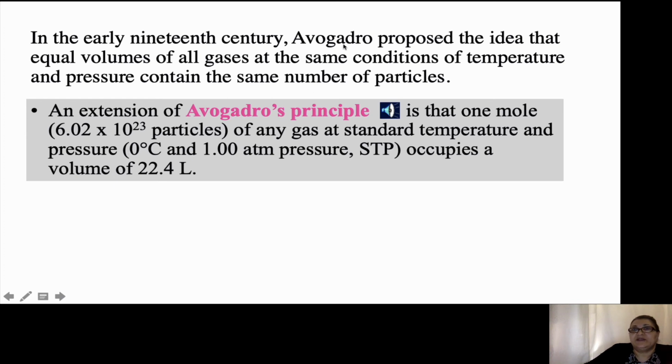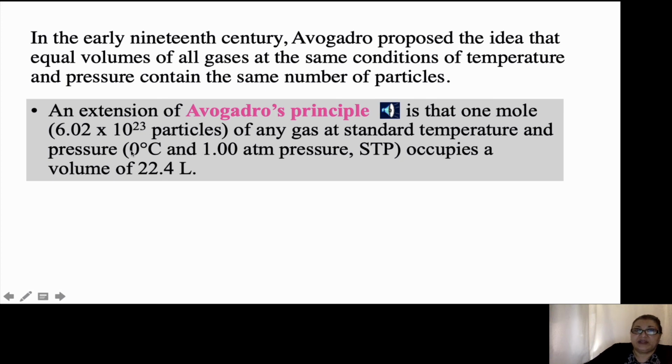Avogadro proposed an idea that equal volumes of all gases at the same conditions, temperature and pressure, contain the same amount of particles. So once you see STP, you get one more piece of information: every 1 mole of any gas has 22.4 liters. Before we learned that 1 mole of any element has 6.02 times 10 to the 23rd particles.